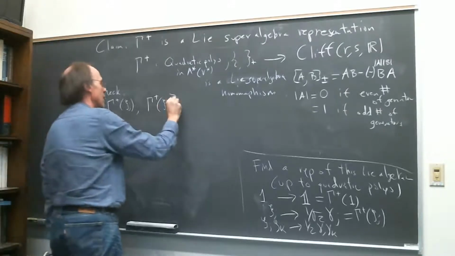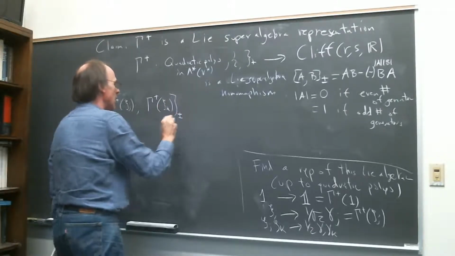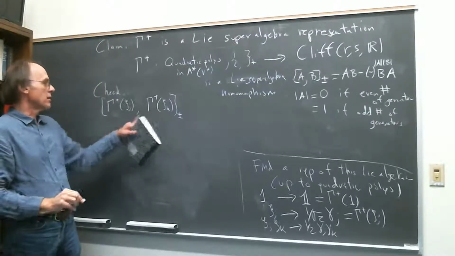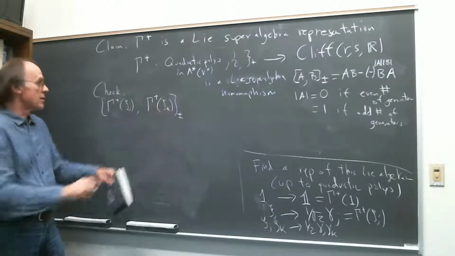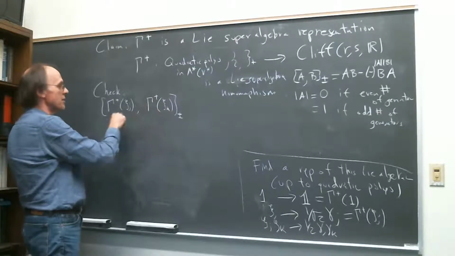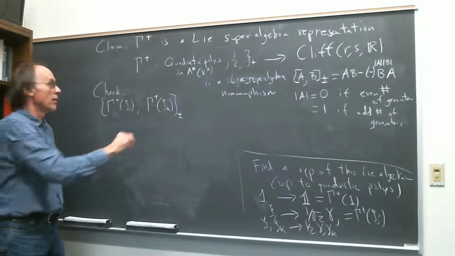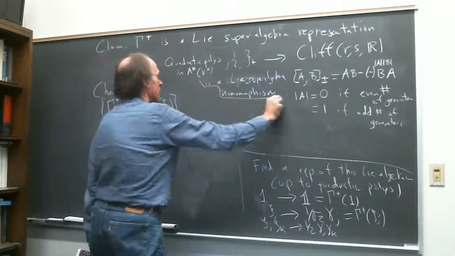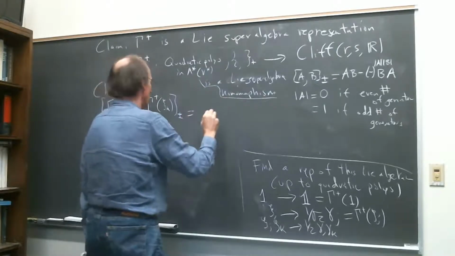Then you take the plus or minus the super Lie bracket on these, which, since these are generators, is going to be the anti-commutator.